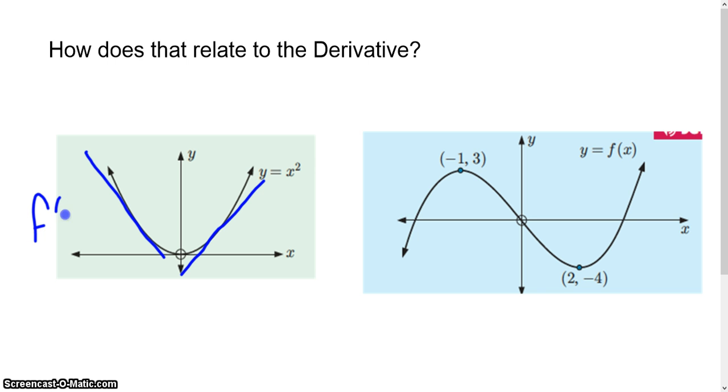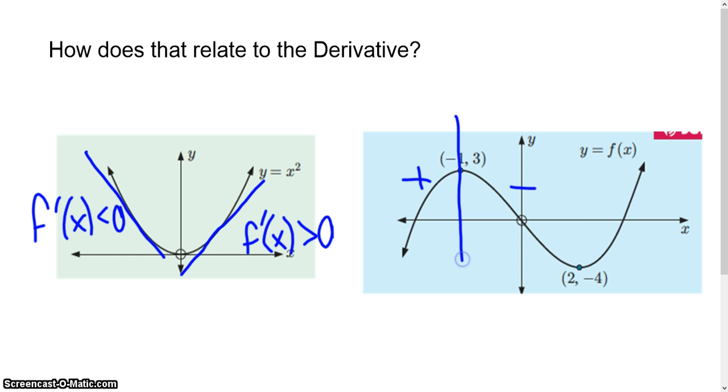Once again, f prime of x from negative infinity up to 0 is going to be negative, and f prime of x from 0 to positive infinity would be positive. Likewise in the cubic function over here, f prime would be positive here, negative in this region, and then it would return back to positive over here.